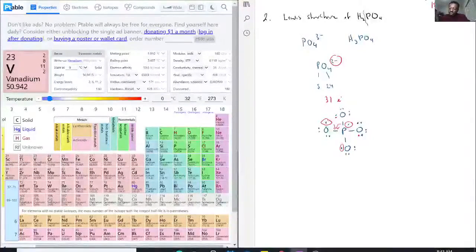So if we redrew this, we now have phosphorus with the 2 oxygens, and this one here, and then we have the double bond right here.